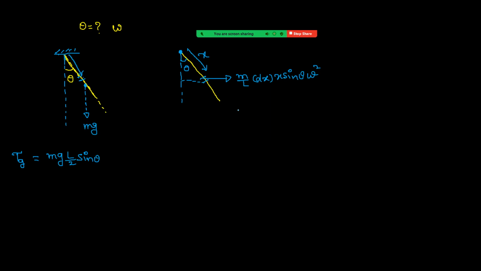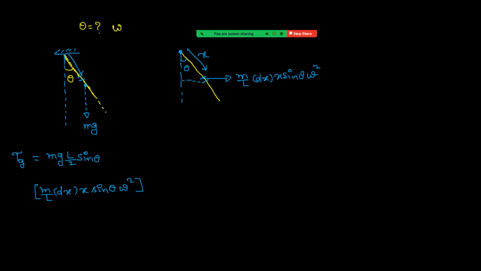So we want to calculate the torque due to centrifugal force. See the torque: it is m by L into dx, that is the mass, r is x sine theta, m r omega square is the centrifugal force, into the perpendicular distance.